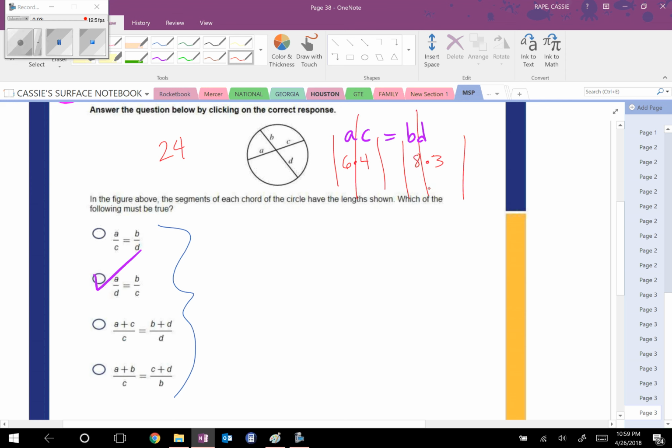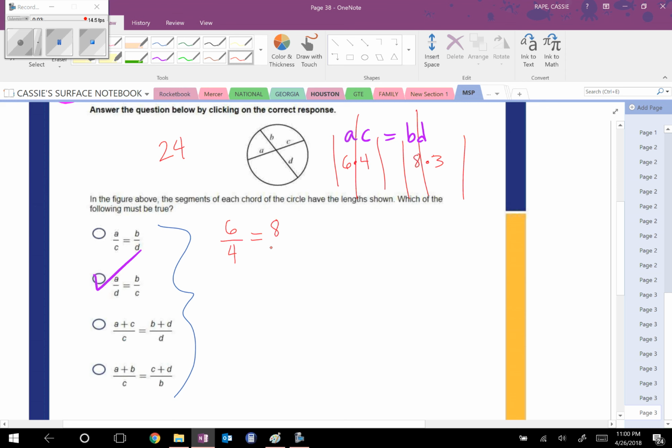So the question is, let's say you didn't know how to go at this algebraically. You could go at it numerically as long as you choose some numbers that aren't 0, 1, or 2. So A is 6, so 6 over C, which is 4, is equal to B, which is 8, over D, which is 3.